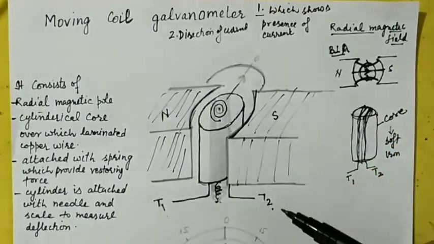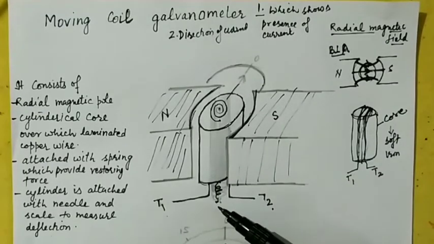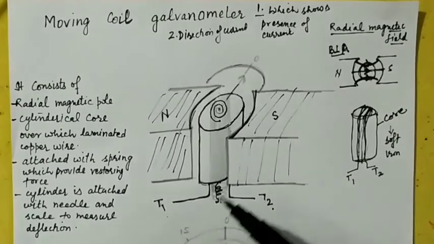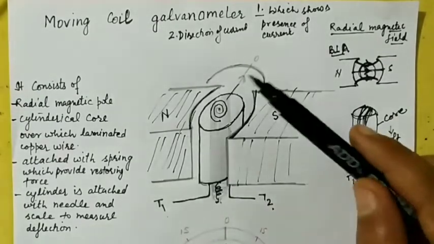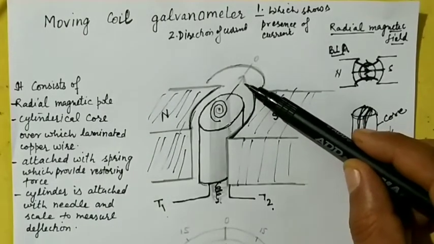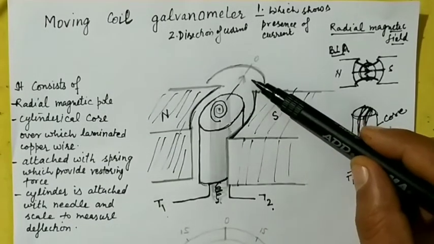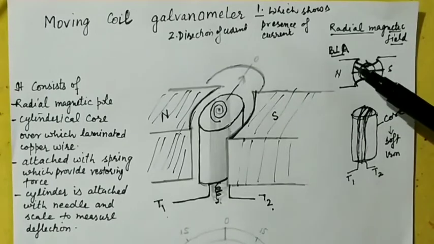This cylindrical core is attached with a spring to provide a restoring force when a current is passed. If this cylinder rotates, it goes on deflecting to one end.